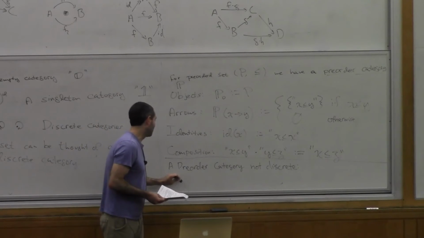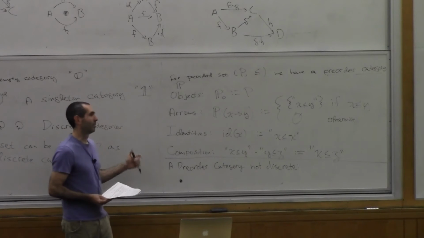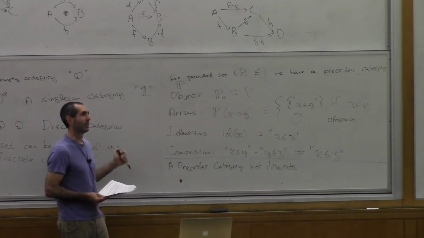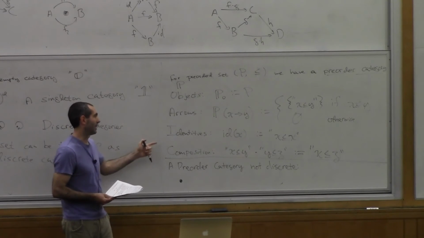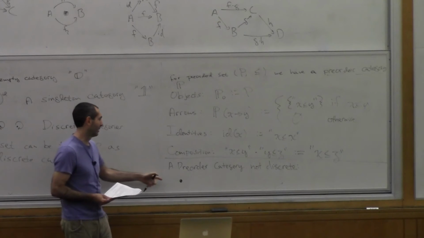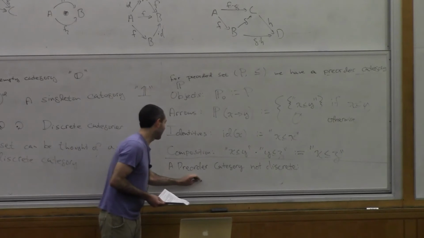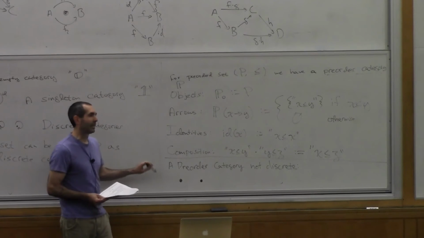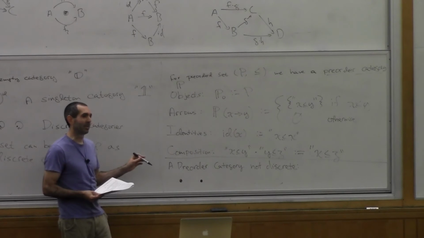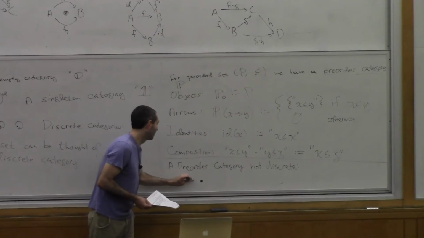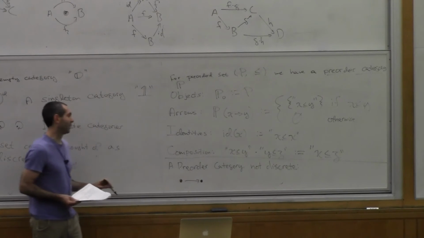If it has one object and the homs are singletons or empty, but we know that the identity lives in the hom from an object to itself, then that would be discrete. So we have to add a second object. But we can't just have the identities on those two objects because that would be discrete. So we have to add another arrow from one object to the other.